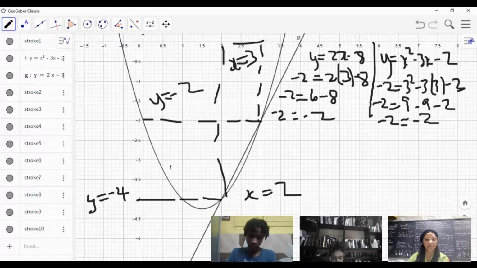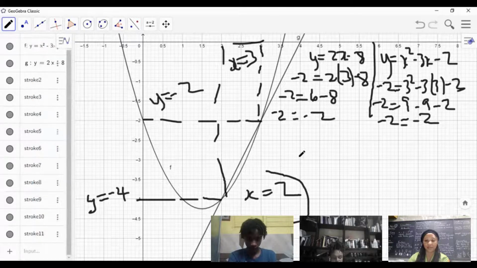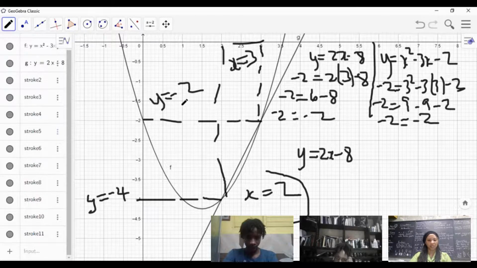All right, so let's plug them now into where x is 2, y is negative 4. So rewriting the linear, y equals 2x minus 8. So y is negative 4, x is 3, right? This is the one where x is 3. X is 2, miss.